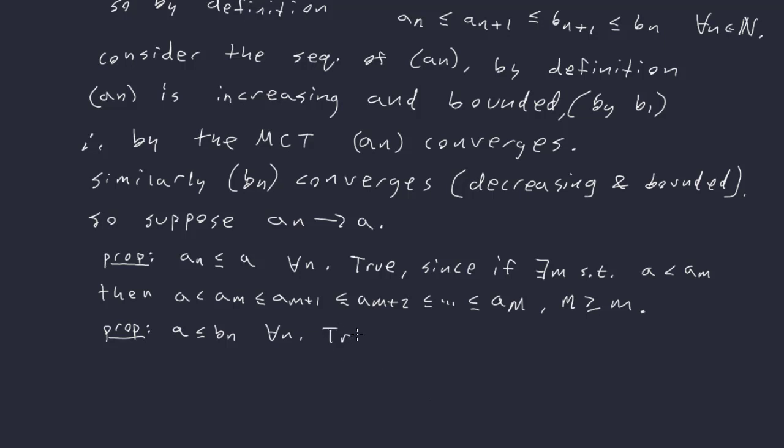So this is true since, if there existed, let me use m again, such that this b_m was less than A, so say eventually the b's cross over A.